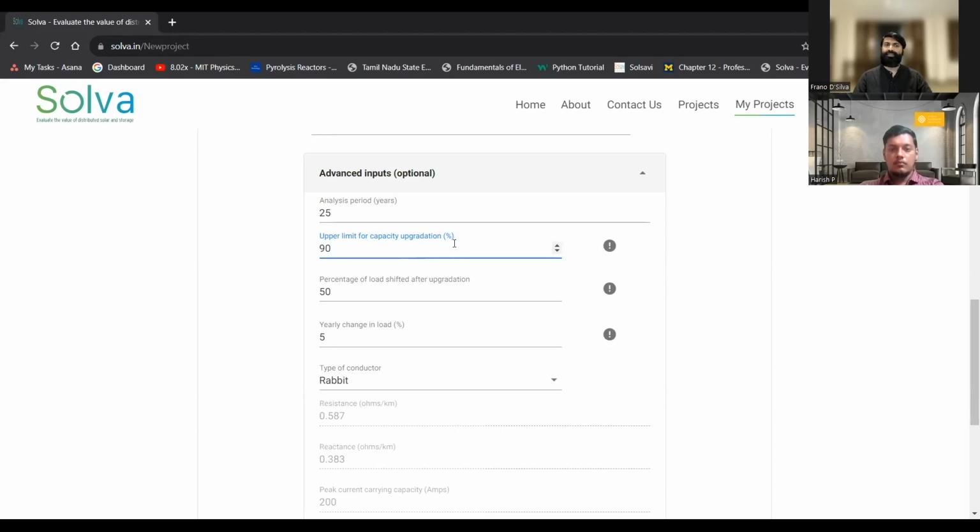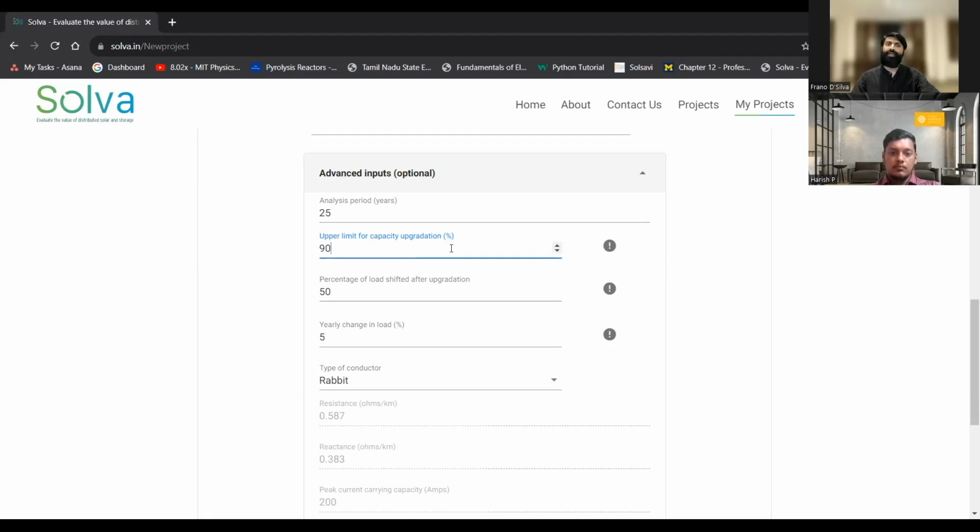If this capacity is exceeded 5 times in a year for the feeder, then it will suggest an upgradation in the next year. So if we find that the HT feeder is handling a capacity of more than 90% for 5 instances in a year, then the tool will suggest an upgradation in the next year.